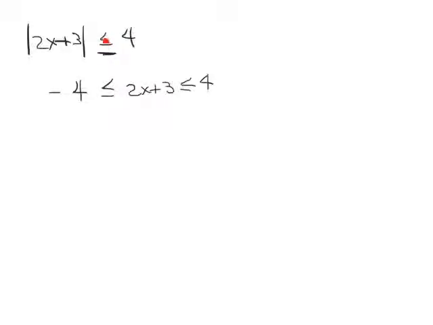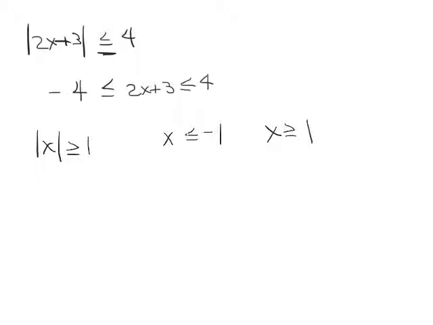When this is a greater than or equal to sign, it needs to be a disjunction, so it's going to be or. So if we had, let me write that again, the absolute value of x is greater than or equal to 1, we're going to get x is less than or equal to -1, or x is greater than or equal to positive 1.